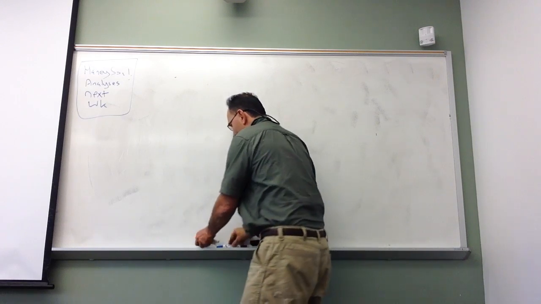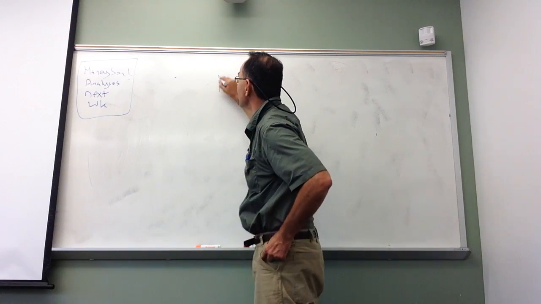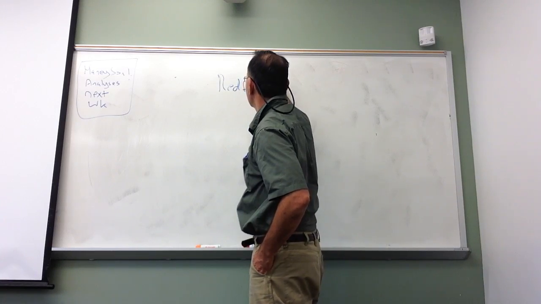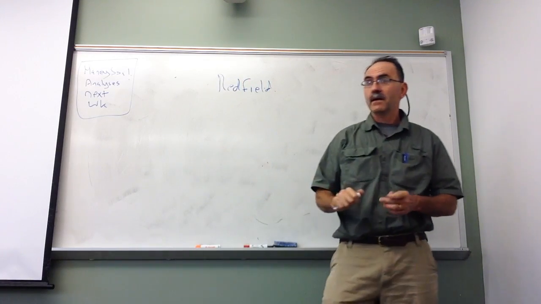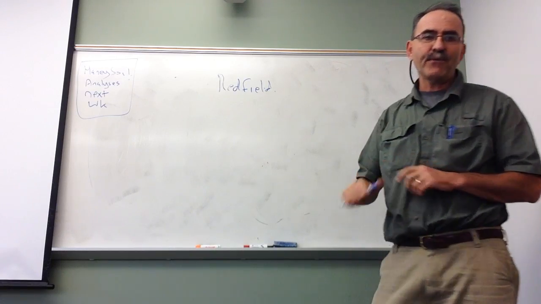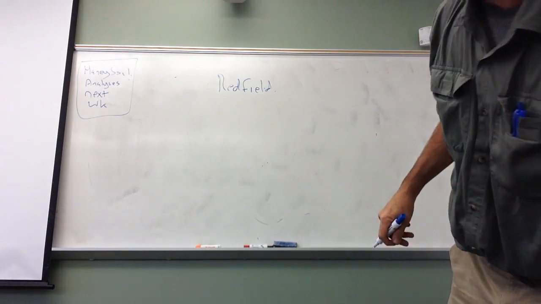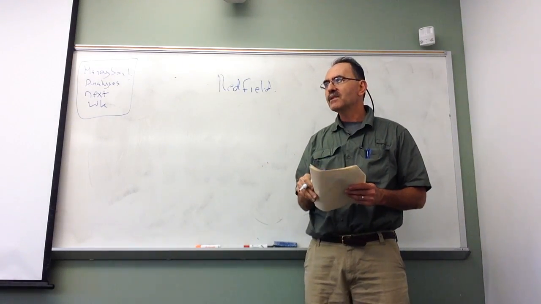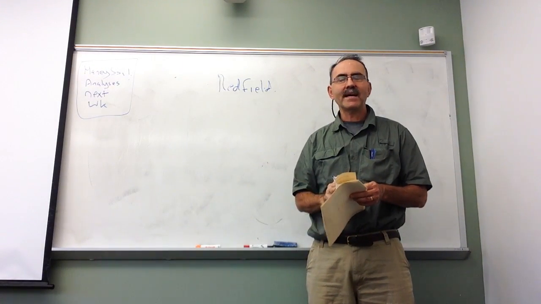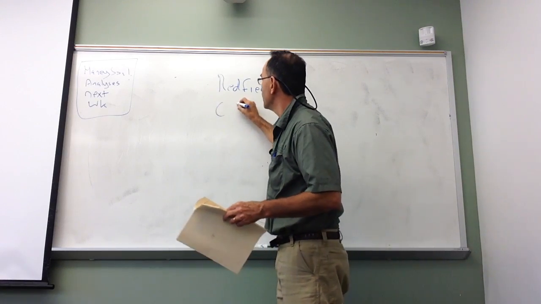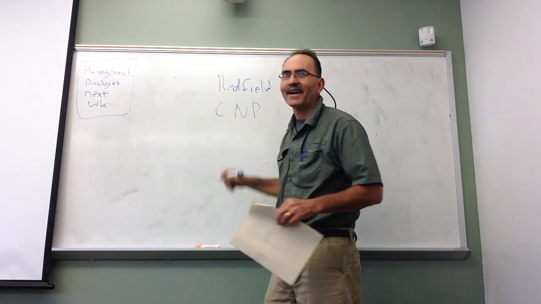But one of the things I wanted to talk to you about was there was a guy called Redfield who was an aquatic scientist. Anyone heard of this guy? Okay, Redfield. Basically, Redfield did research on algae, and he found in most algae these molar ratios, C to N to P. Let's see if I can remember this.